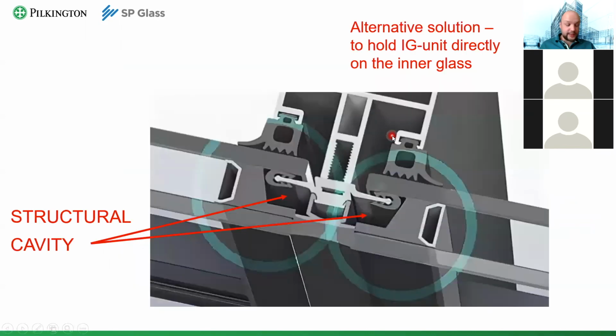So, a glazing system may have no structural inserts whatsoever, and the IG unit can be held directly on the inner glass through these resins. And there is a cavity in the secondary sealant, which is also made during the IG unit production.